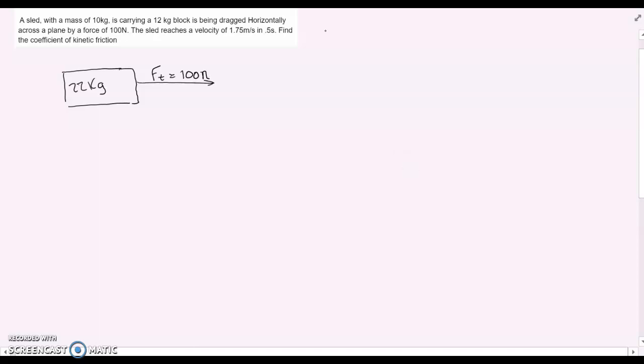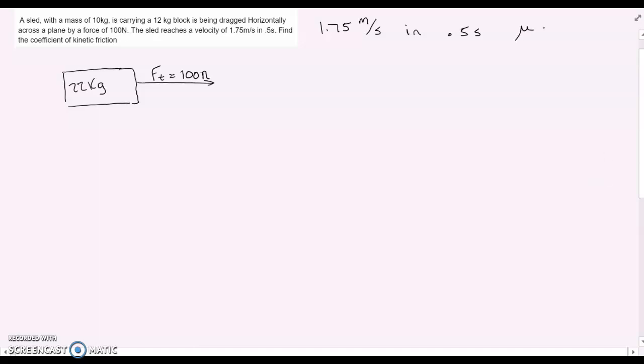The sled reaches a velocity of 1.75 meters per second in 0.5 seconds. Find the coefficient of kinetic friction.